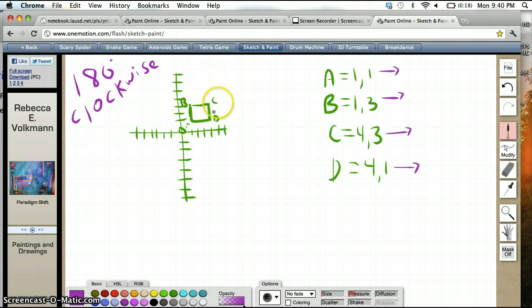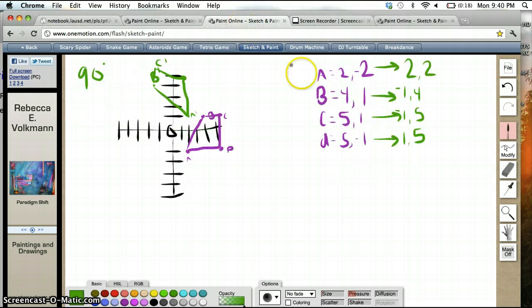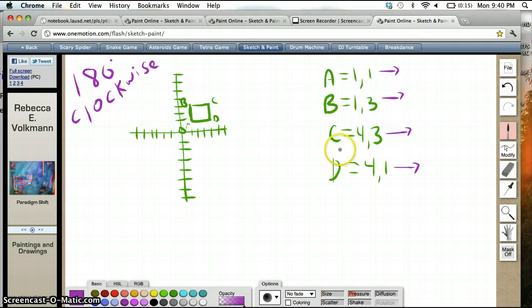So we're going to take this figure and move it 2 quadrants over to this figure. Now, remember in 90 degrees, we switched our X and Y. So our B coordinate was 4, 1, and when we rotated 90 degrees, we switched our X and Y, so it was 1, 4. In 180 degrees, you keep your X and Y the same.